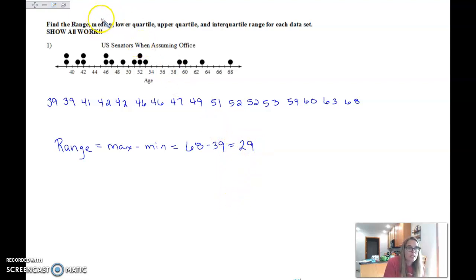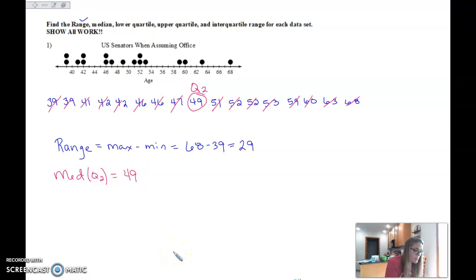The median, that's where you're going to cross off on the ends. 1, 2, 3, 1, 2, 3, 1, 2, 3, 1, 2, 3, 1, 2, 1, 2. So right here is my median, which is also known as Q2. Your median, Q2, is 49.